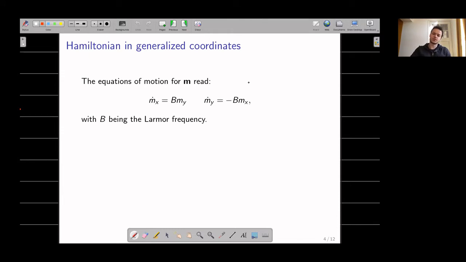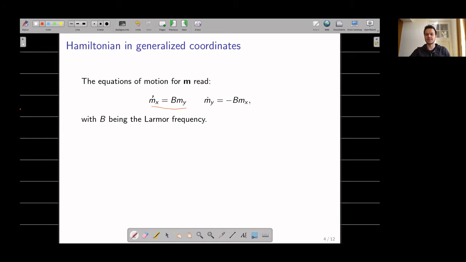Now, in the next question, we're asked to relate the equations of motion of the magnetization in the x direction and the y direction to generalized coordinates, such that the equations of motion can be written in the following way.